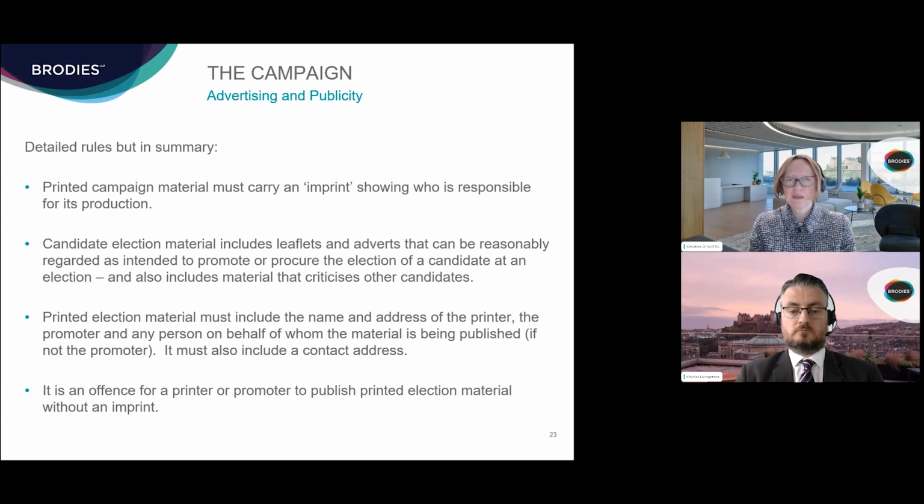There's very detailed rules around this, and again, those who are in the business of electioneering, but also those who are newspapers, broadcasters, publishers, are very familiar with these rules. But in summary, printed campaign material must carry what's called an imprint showing who is responsible for its production.